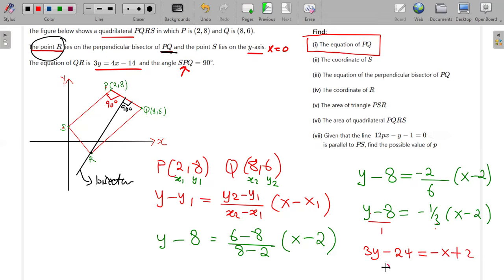So 3y equals minus x plus 2 plus 24, which gives 3y equals minus x plus 26. That is my equation of the line PQ. Any questions there, guys, on how we found the equation of that line? Any questions?